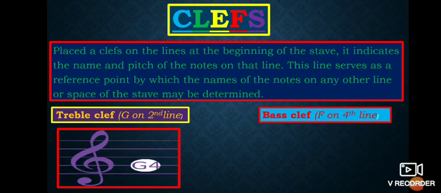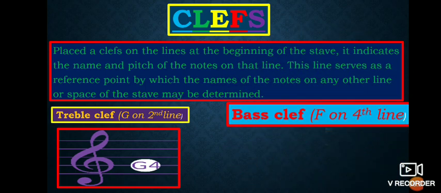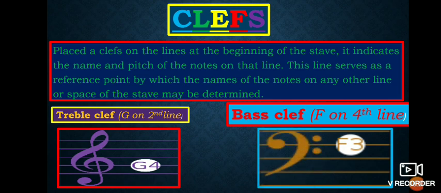We have two common clefs. Number one, the treble clef. The treble clef is also known as the G clef. In drawing the G clef, you start from the second line.